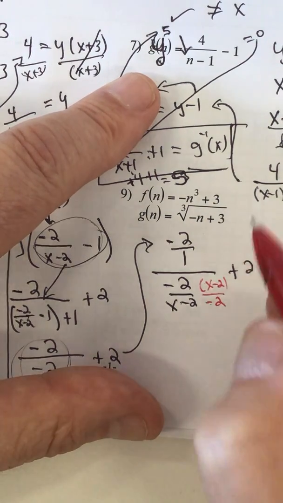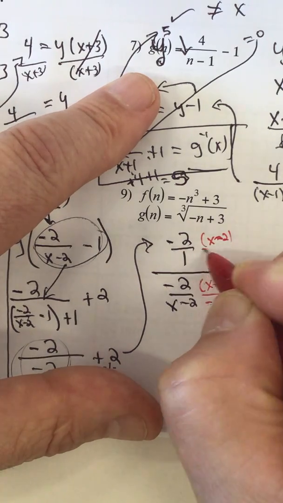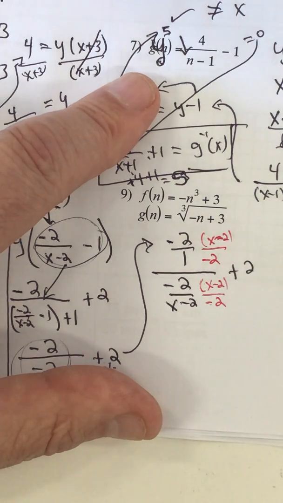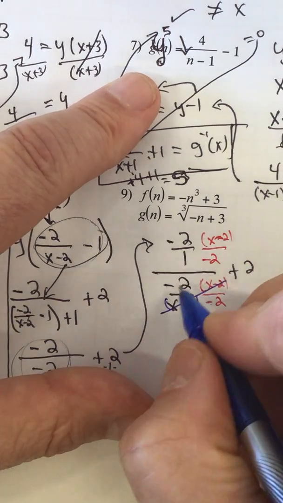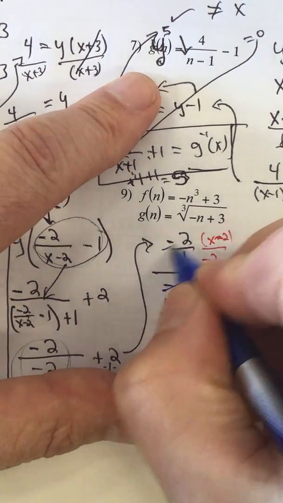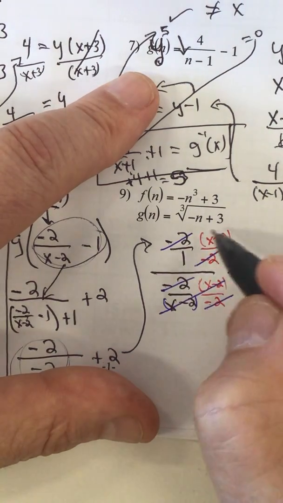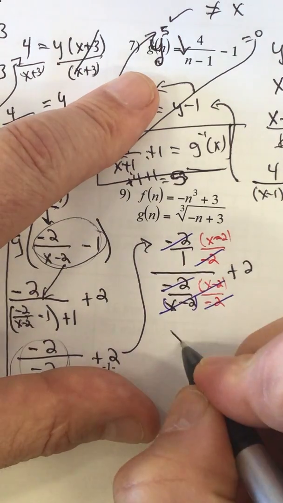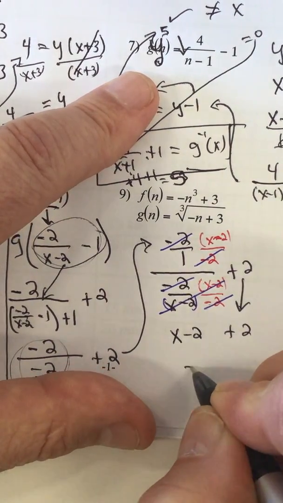But whatever you do in red down here, you have to do in red up here. X minus 2 over negative 2, and see what happens. Well, as a package, those reduce. Negative 2 and negative 2 reduce. And what's left out of all that fraction is this little piece, x minus 2. And then there's still this plus 2.